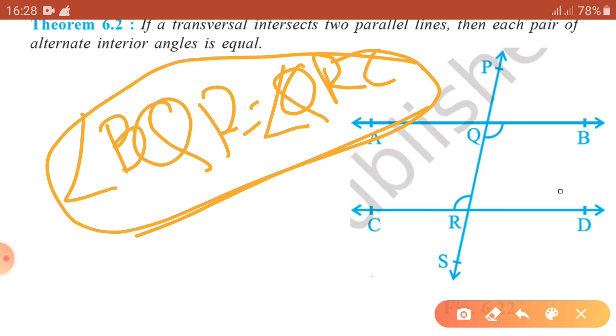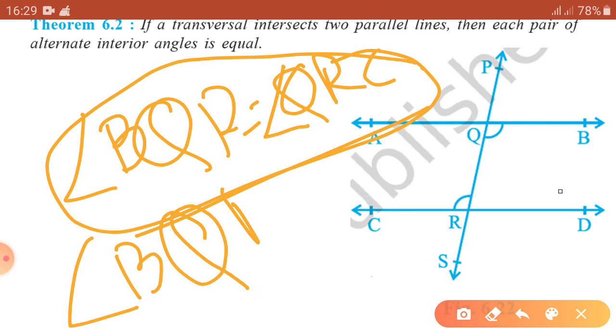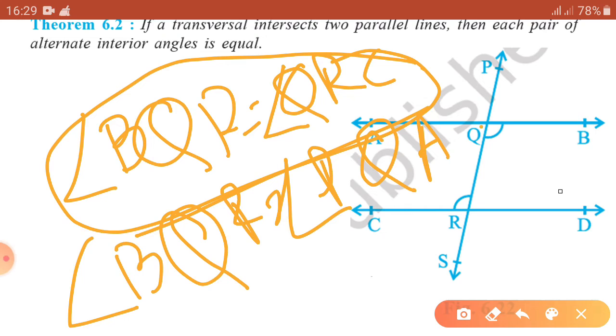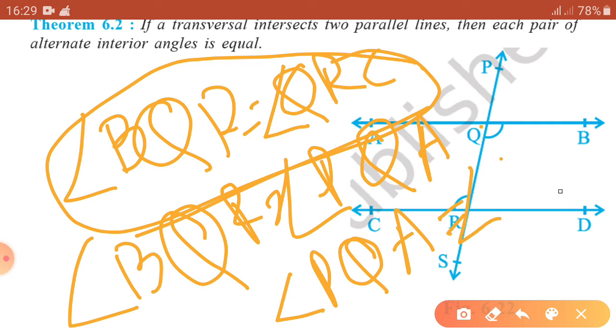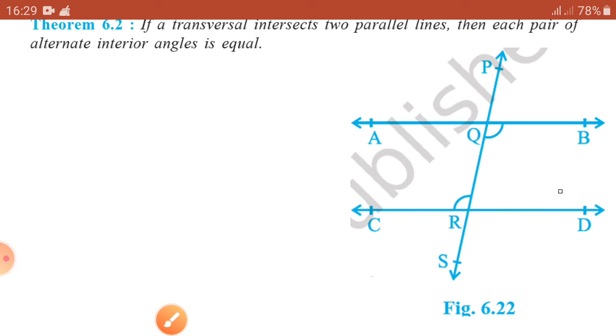So from this equation and the equation BQR equal to PQA, we can write that angle PQA is equal to angle QRC. Okay, got it? You can write it properly.